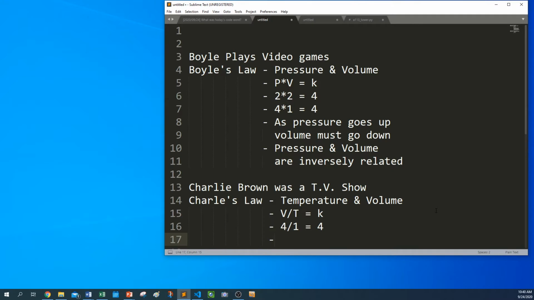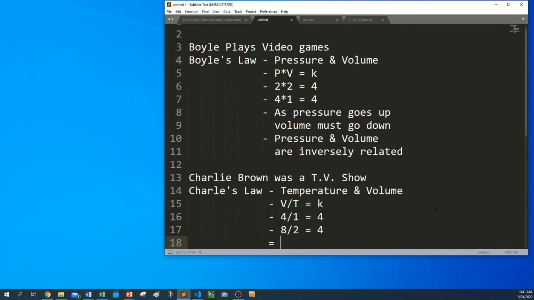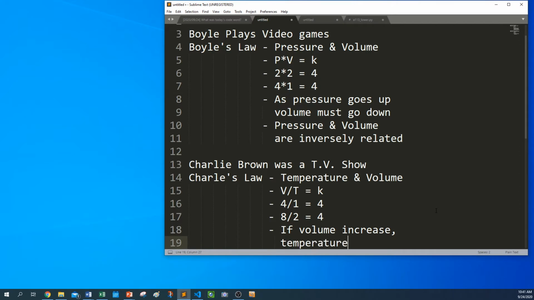What happens if I take 4 and increase it to 8? What must temperature be so that this is still equal to 4? So 2. So, if I increase 4 to 8, the temperature went from 1 to 2.